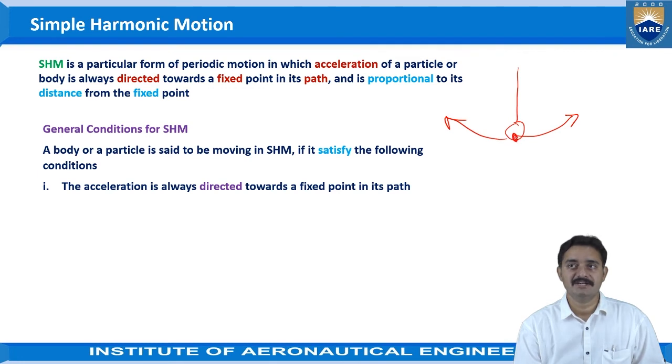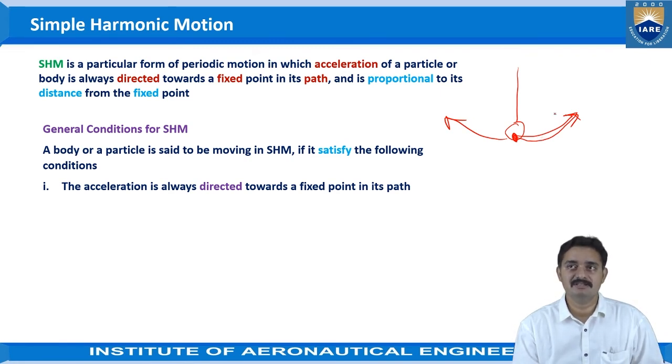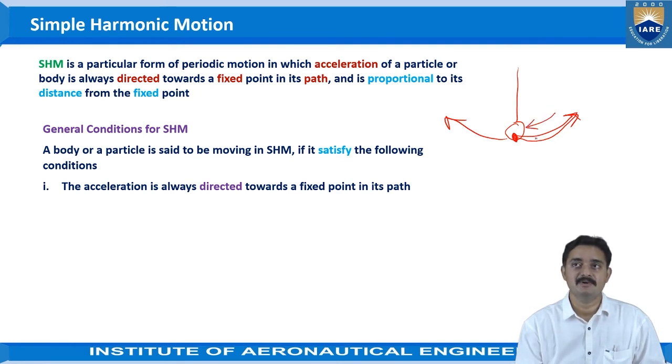And this is your starting point, and that we are considering as a fixed point. When the object is traveling in this direction, always the acceleration is directed towards a fixed point in its path, right?